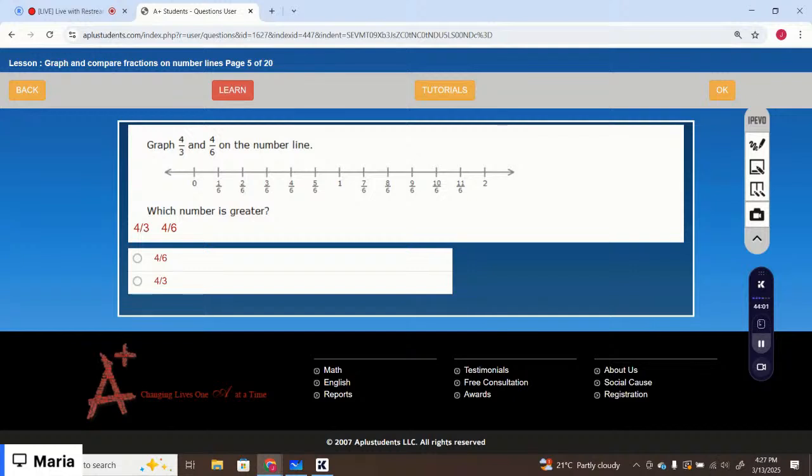The correct option is 4/3. 4/3 is greater than 4/6. Option number 2 is the correct option. 4/3 it is.